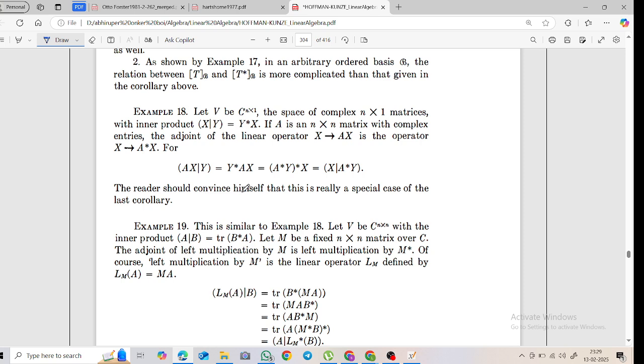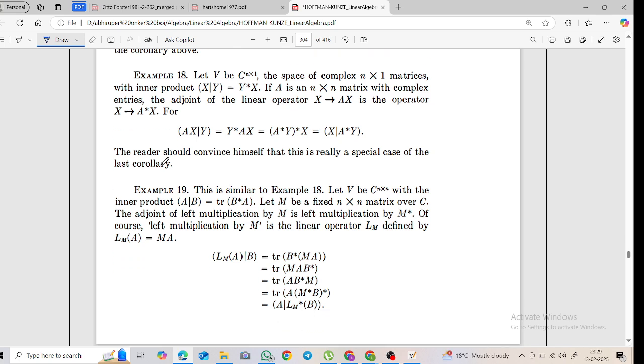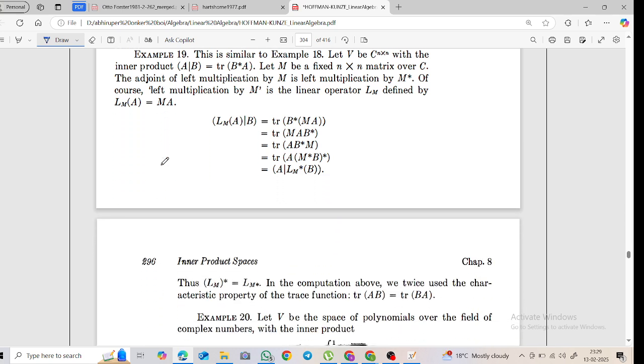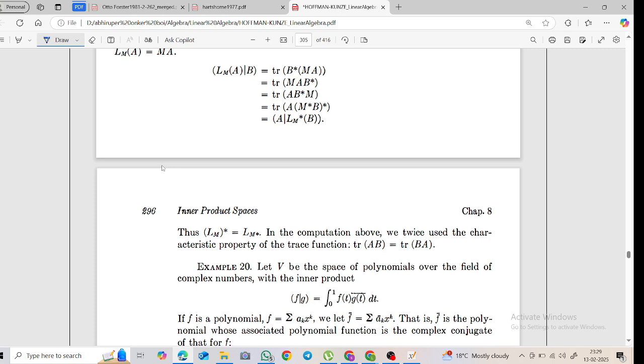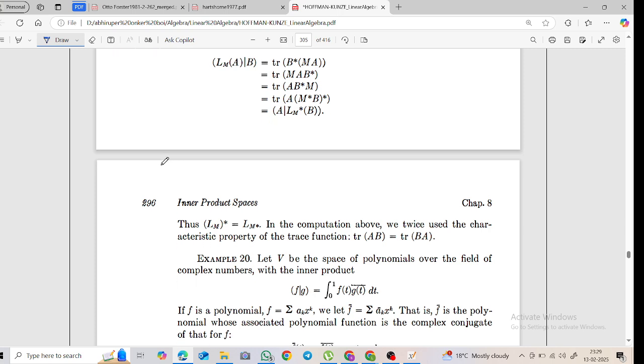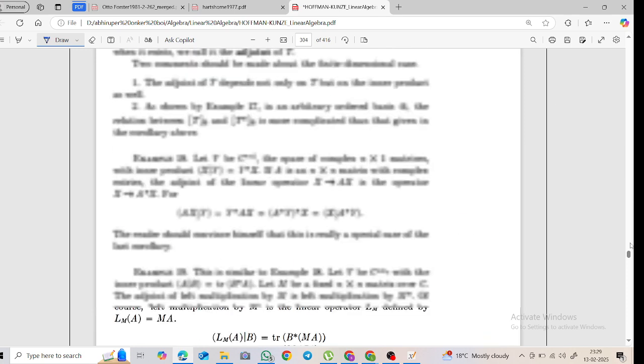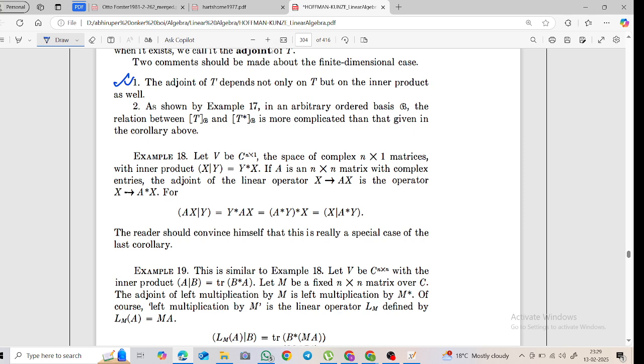Okay. Similarly, you can define example 18, example 19. See, example 19 is the inner product A, B is trace, on C to the power n cross n matrices, over the entries.